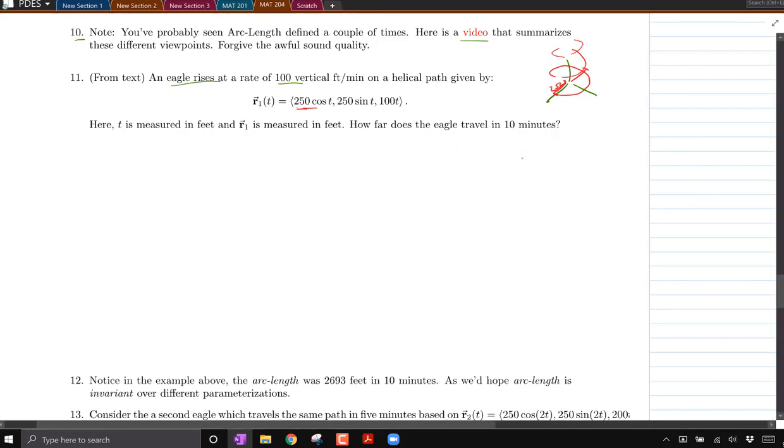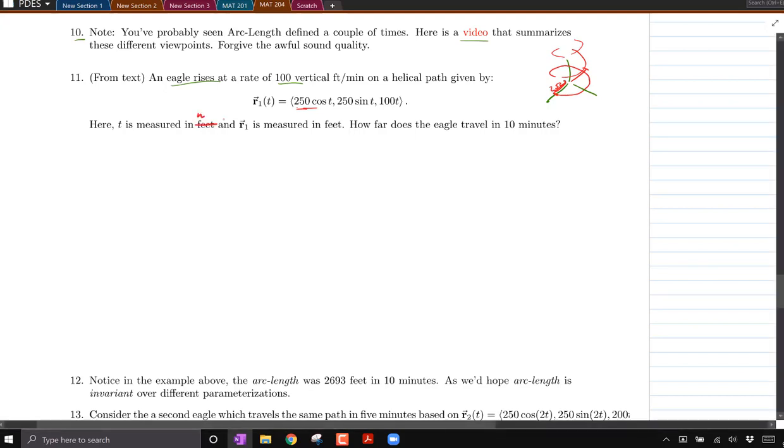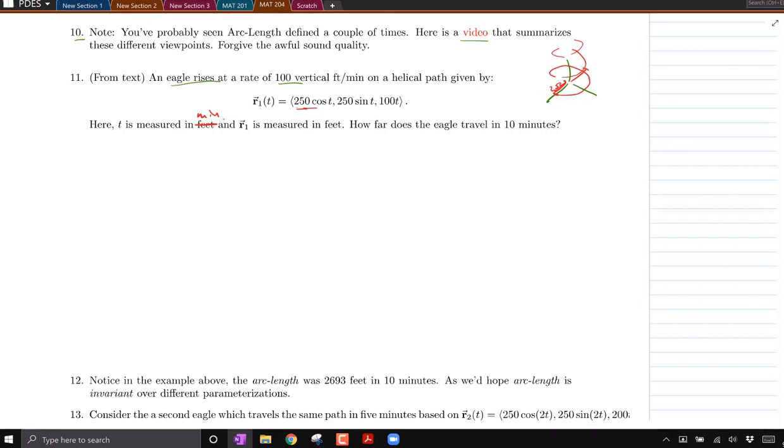Time is measured in minutes, and the output is measured in feet. So how far does this eagle travel during 10 minutes of flight? Okay. This is really going to be kind of a plug and chug of that arc length formula.